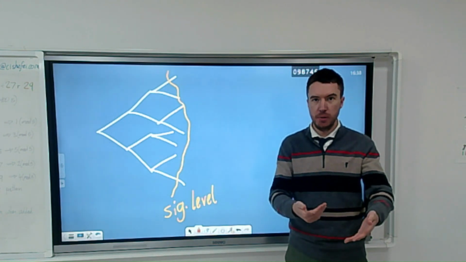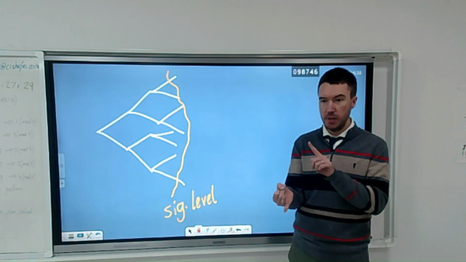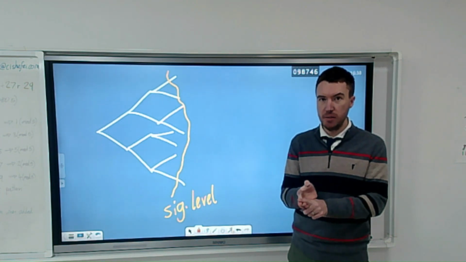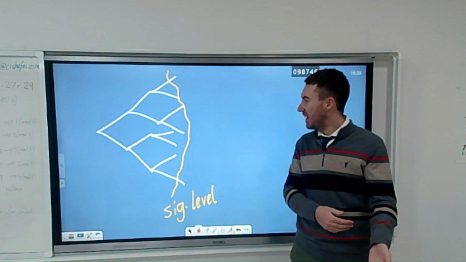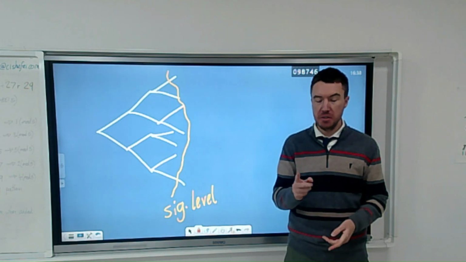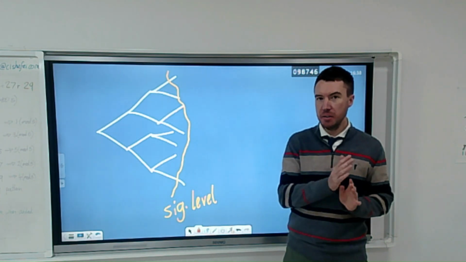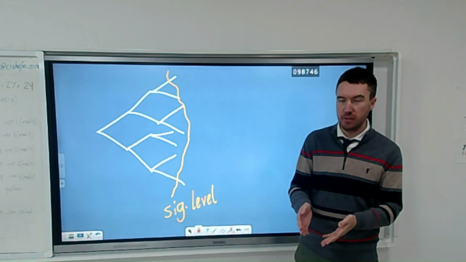Now we're going to introduce a few more definitions that we need to learn. We have significance level, null hypothesis, and alternative hypothesis. Now we have critical region. So anything less than 5%, if the significance level is 5%, anything less than the significance level falls into the critical region.